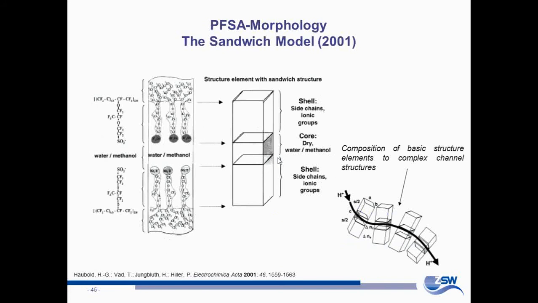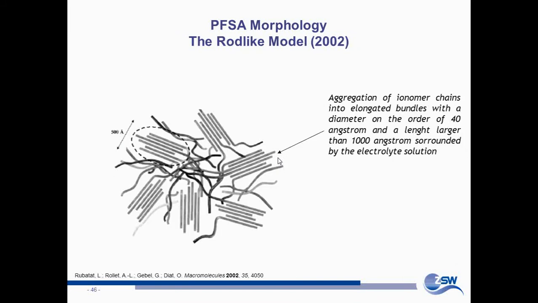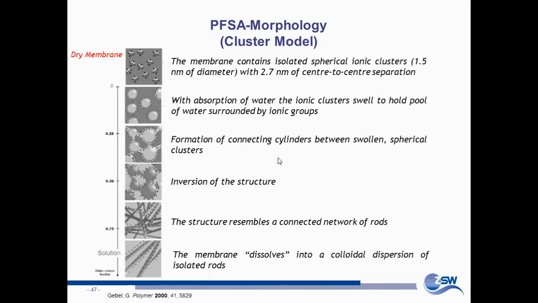Okay, so I would just walk very briefly through the different models of how people are thinking of this. There is sort of a sandwich model of building blocks along a chain, where the building blocks are somehow twisted and form a continuous pore, or you find these rod-like structures where the hydrophilic and the hydrophobic parts are in a sense orienting towards themselves.